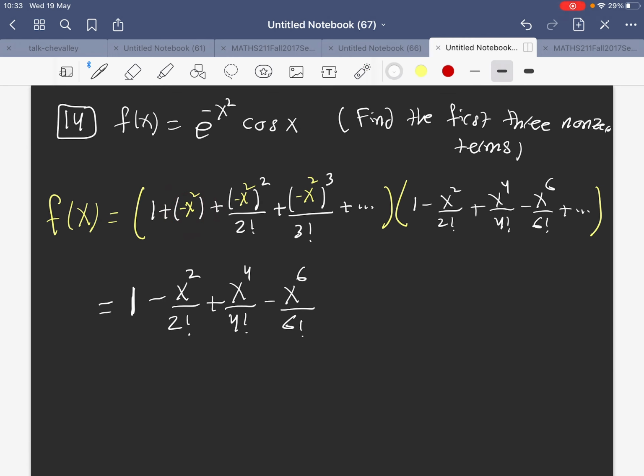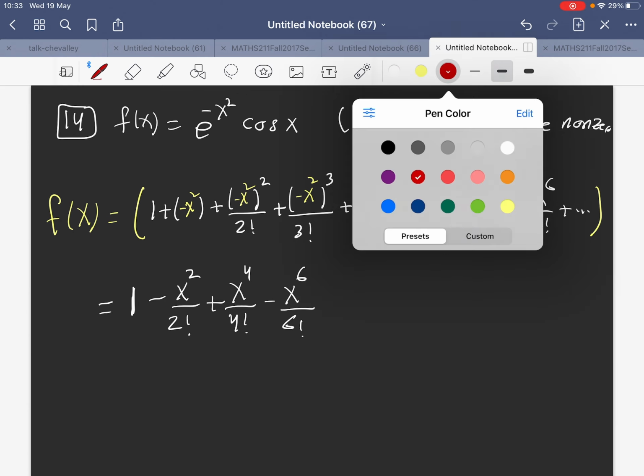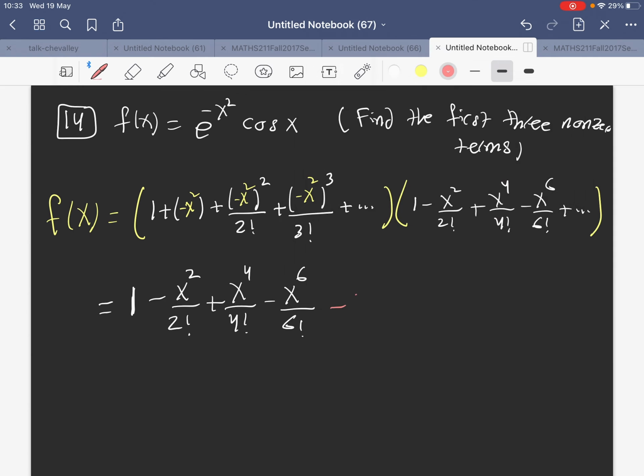So let me just do it in a different color so that we don't mess things up. So it will be negative x squared, and then plus x⁴ over 2 factorial, and then negative x⁶ over 4 factorial, and then plus x⁸ over 6 factorial. Now this one is finished. Maybe we will need the next one, I'm not sure, but let's see how many terms will survive up here.